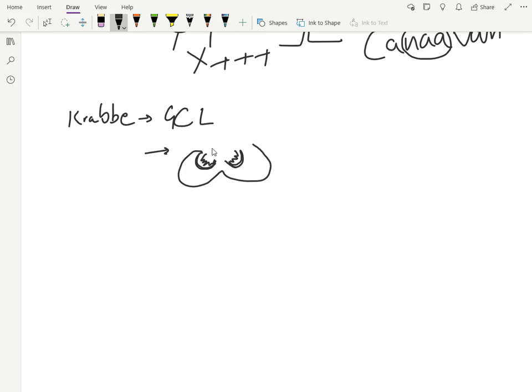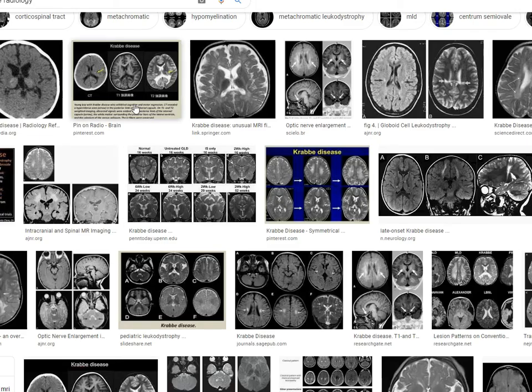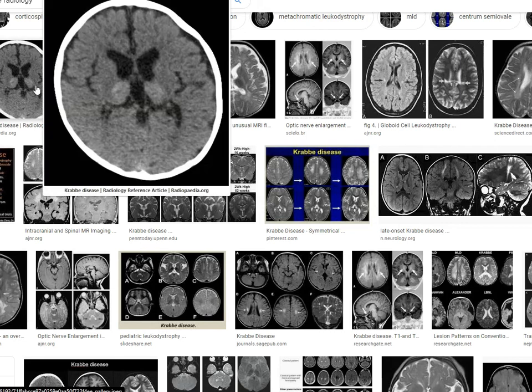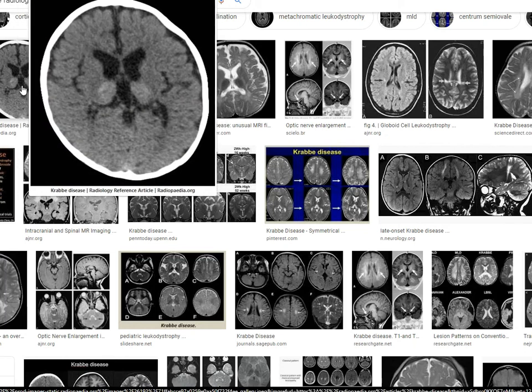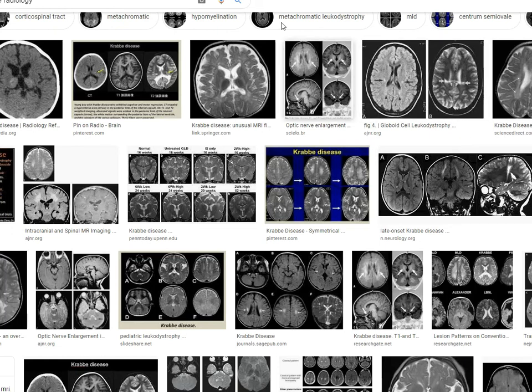And also there will be bithalamic involvement on non-enhanced CT. There will be thalamic enlargement. There will be big thalami. Now let me just show you a picture. I just did a quick Google search, and here you can see that the thalami are hyperdense on non-enhanced CT, and then you have dentate nucleus halo.